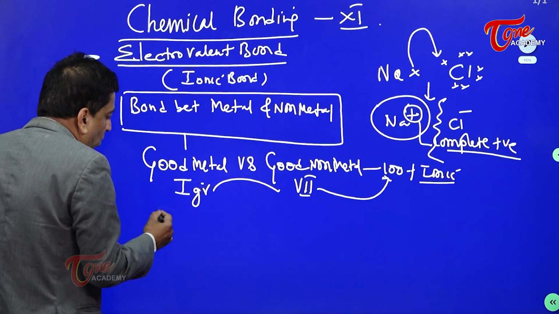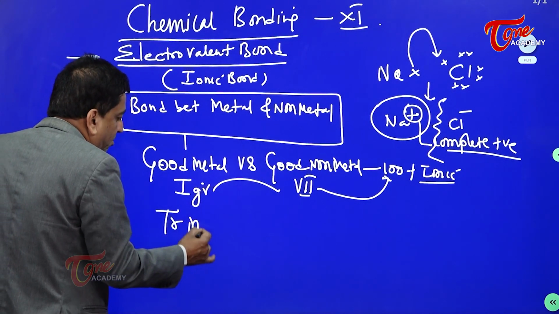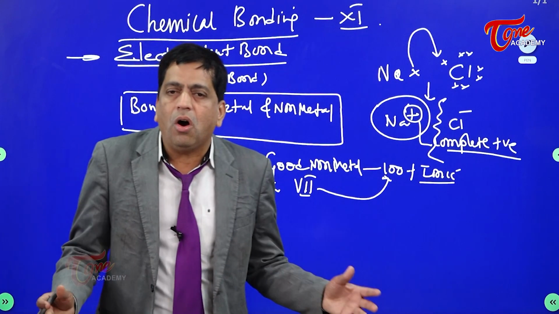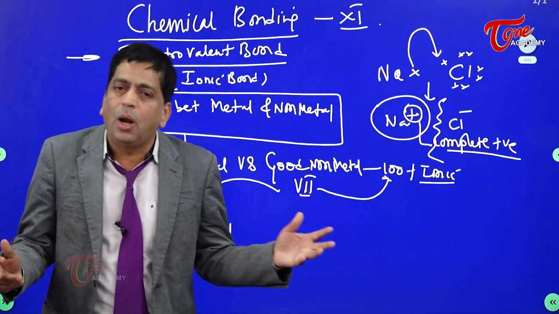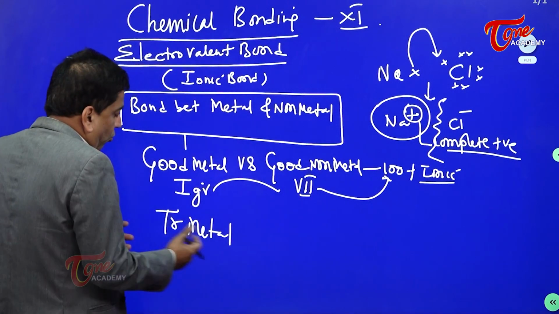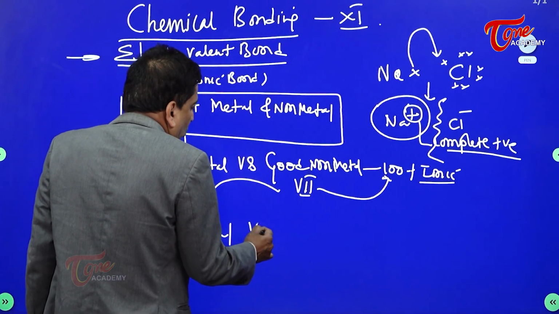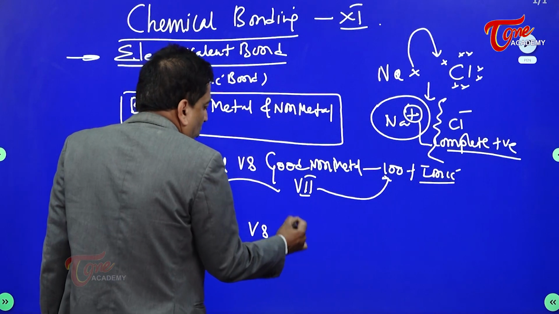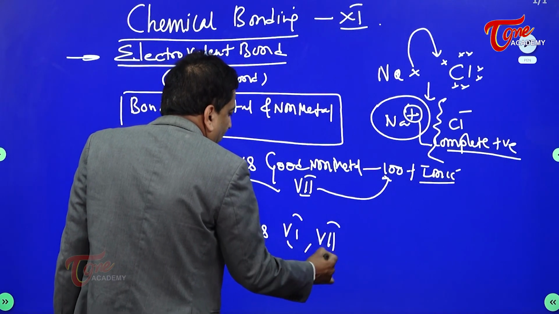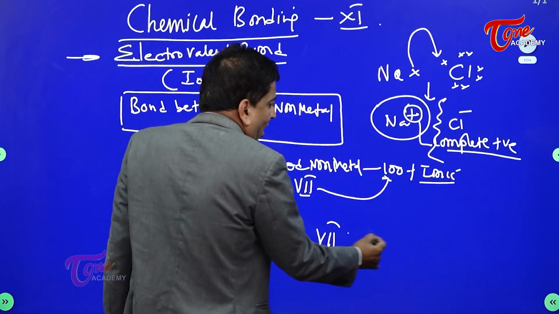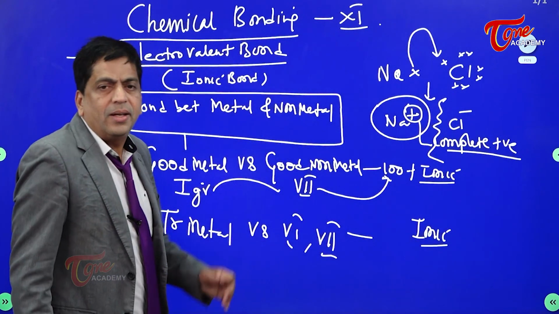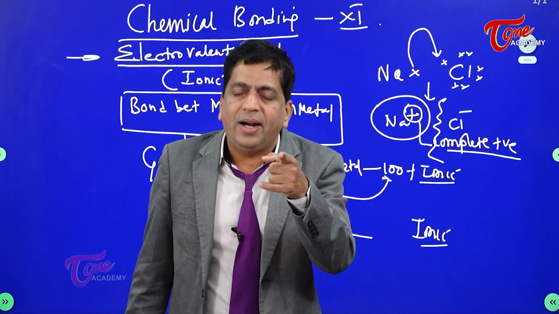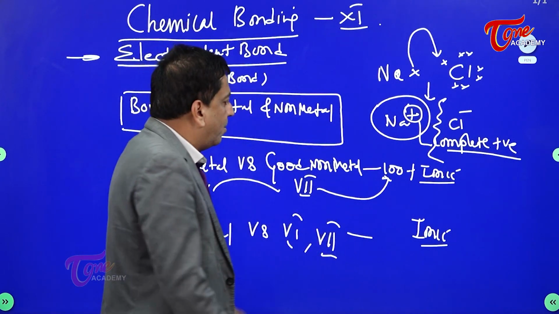Then a bond between a transition metal, that is a d-block element, you can take zinc, you can take lead, you can take silver. You must understand when the transition metals are versus the 6th or the 7th group, they are also ionic, no doubt about it. But at the same time, they are not 100% ionic.